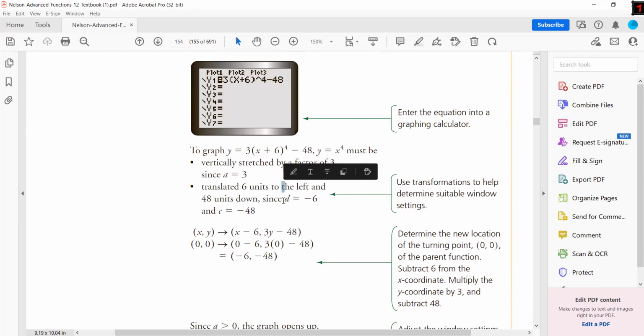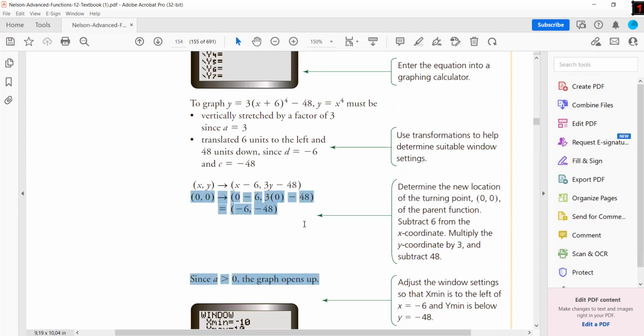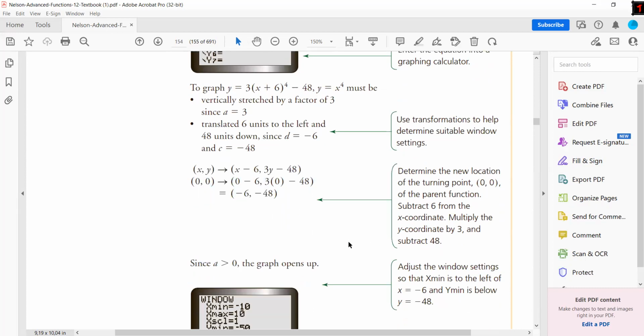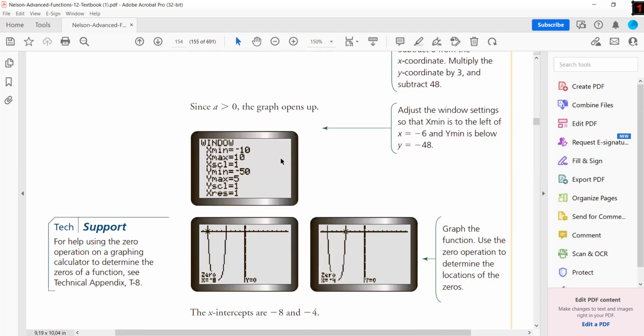So stretched vertically or horizontally, and then vertical translation by 48 points. Then we define the coordinate transformations, new locations of the turning points, defining whether the graph opens up or down.